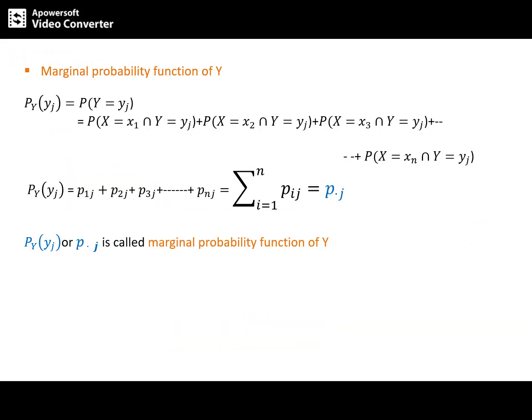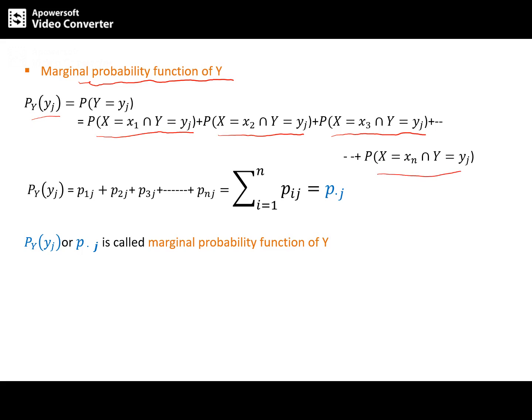In the previous slide, we studied the marginal probability of X, and similarly, we now study the marginal probability of Y. Here, the P of yj is written as the probability X equal to x1 intersection Y equal to yj, plus probability X equal to x2 intersection Y equal to yj, and similarly probability X equal to x3 intersection Y equal to yj, and so on, up to the probability X equal to xn intersection Y equal to yj.